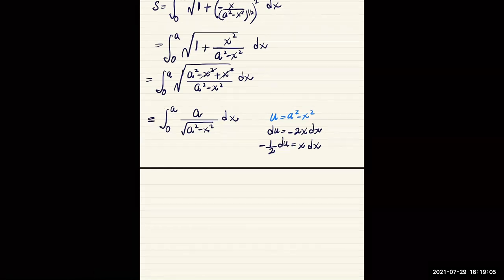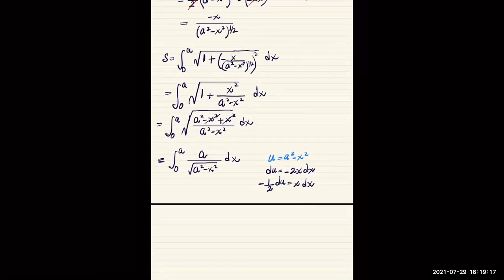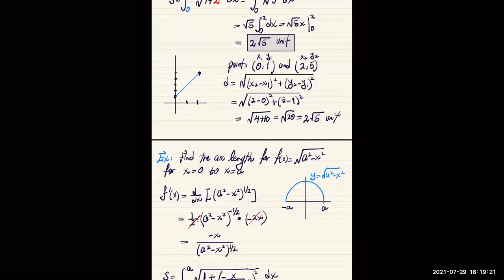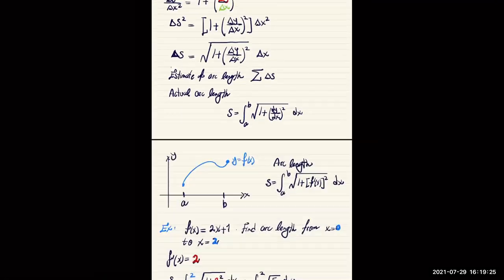With arc length, almost 100% of the problems are not going to work out when you're finding arc length. The integral is not going to solve. There is something about the integral for arc length that's kind of difficult because we have the square root.